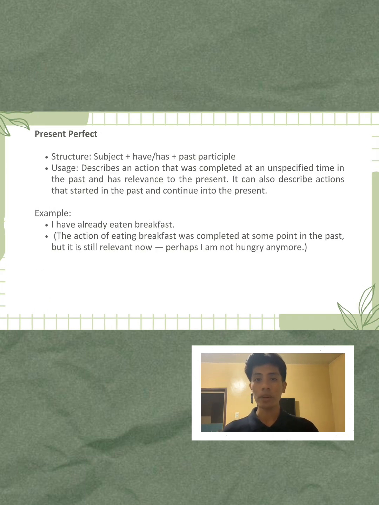In its present perfect form, the structure should be subject plus have or has plus past participle. Its usage describes an action that was completed at a specified time in the past and has relevance to the present.